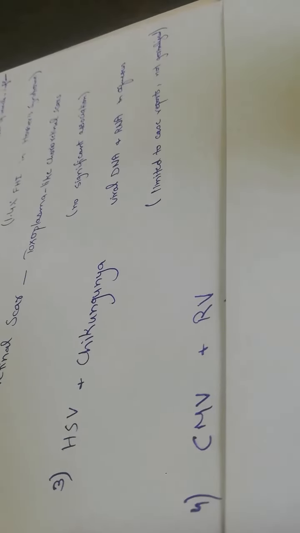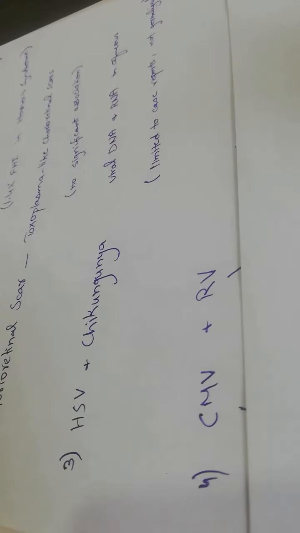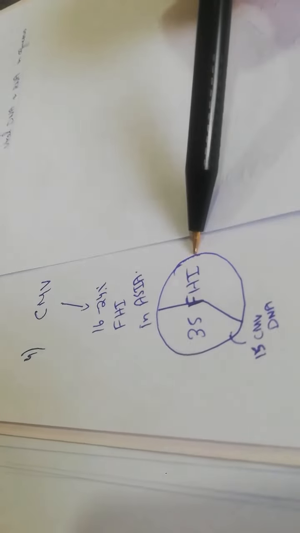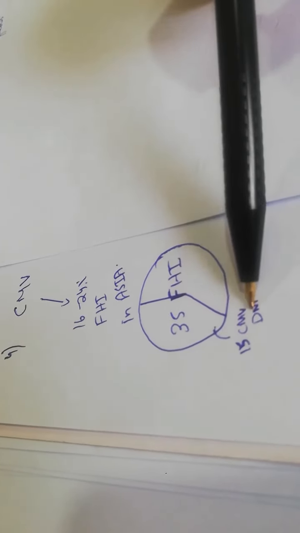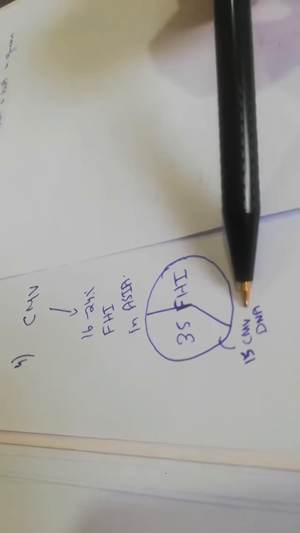Another theory was that CMV virus or rubella virus caused this kind of syndrome, and this was pretty powerful because 16 to 24% of Fuchs in Asia were caused because of CMV, and a study was performed in which out of 35 Fuchs heterochromic iridocyclitis cases, 15 were found positive for the CMV DNA.